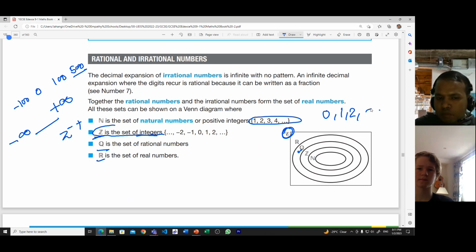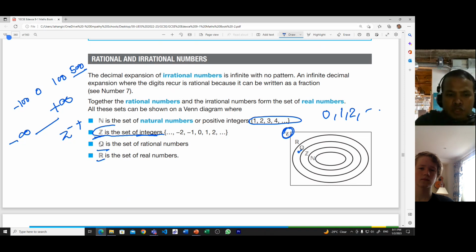So natural numbers including 0 are whole numbers, and natural numbers start from 1 onwards. Integers start from negative, including 0 and all natural numbers.